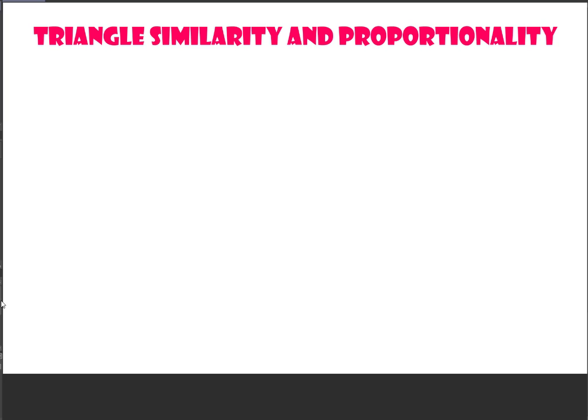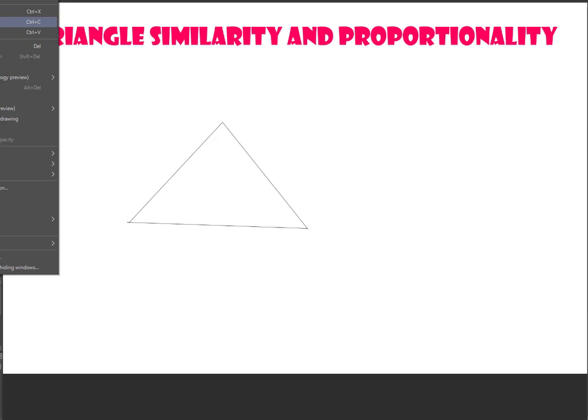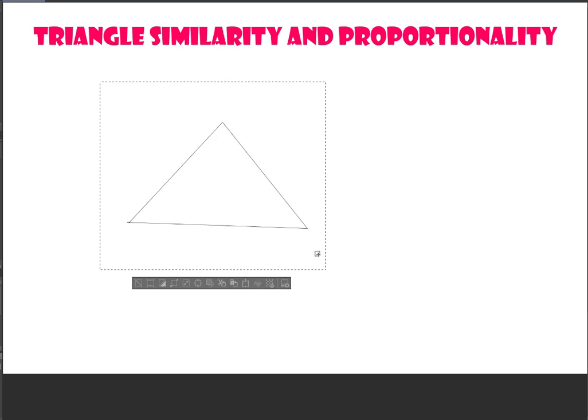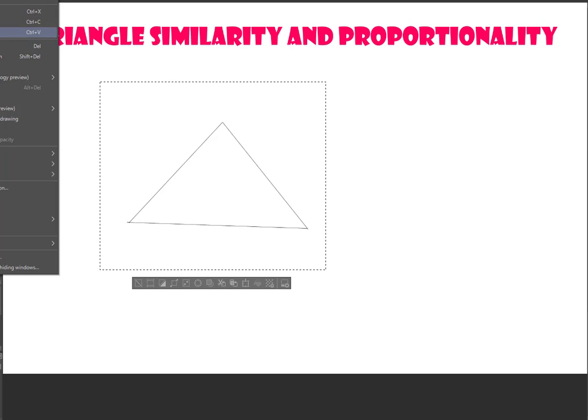So if you're talking about similarity, I want you to understand that similarity does not mean congruence, right? Like if we're talking about triangles, for instance, let's say I just have this triangle right here. Let's say I were just to copy it. Edit, copy, edit, paste.